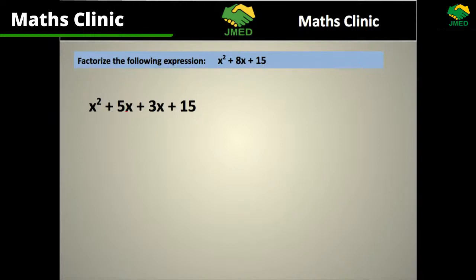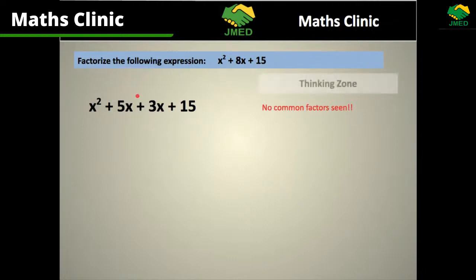If we do not write it in this form, it will not be factorized. It will just go to a dead end. So we need to make sure that when we factorize, we choose the format that leads to a factorized form. If we had tried 15 and 1, it wouldn't have been factorized in the end. It would just go to a dead end. That's why we have to choose a pair that leads us to the factorization form.